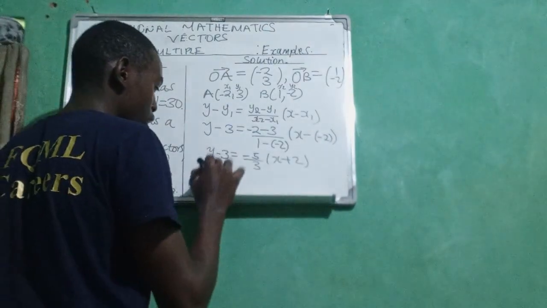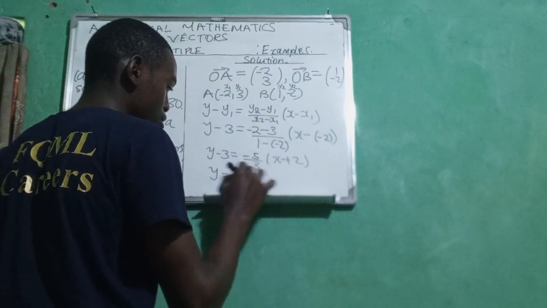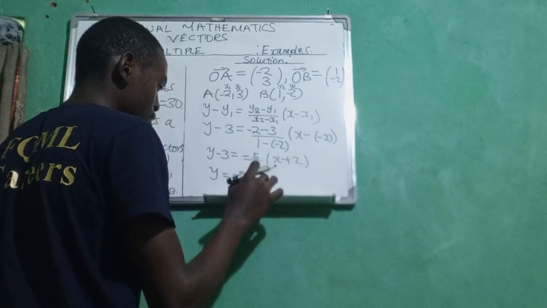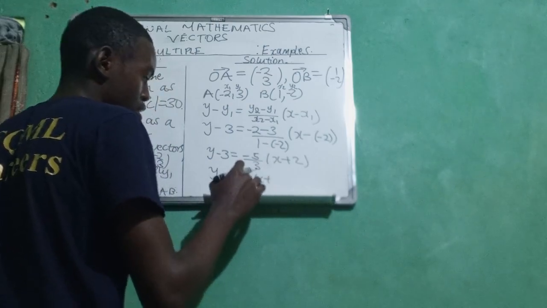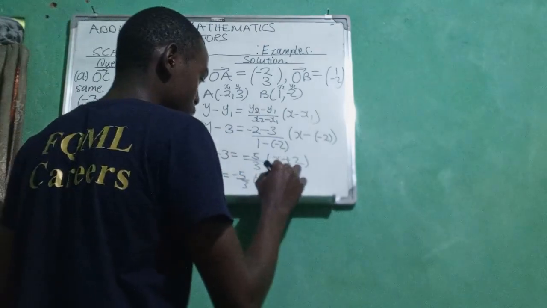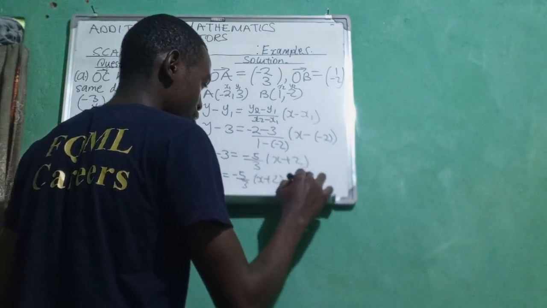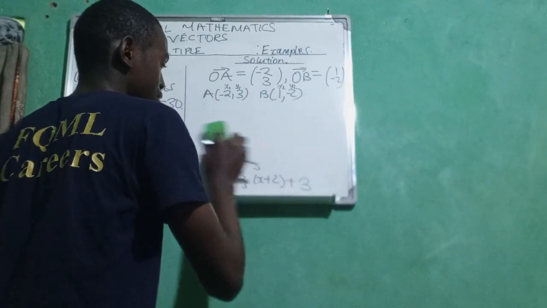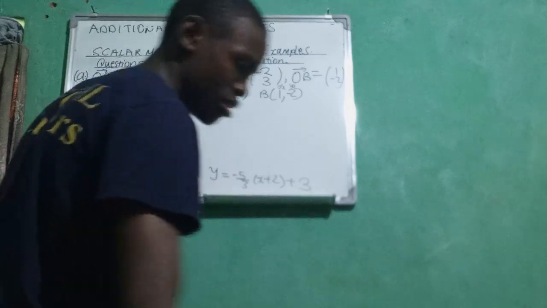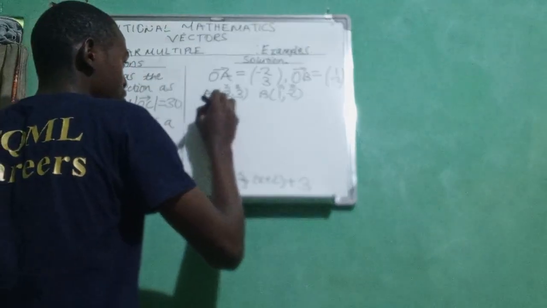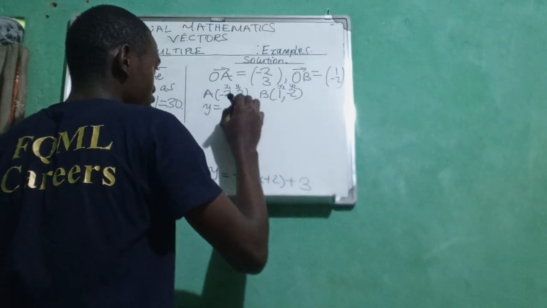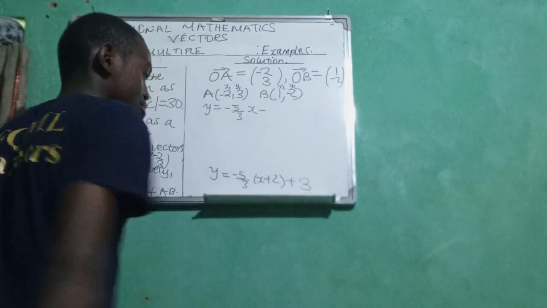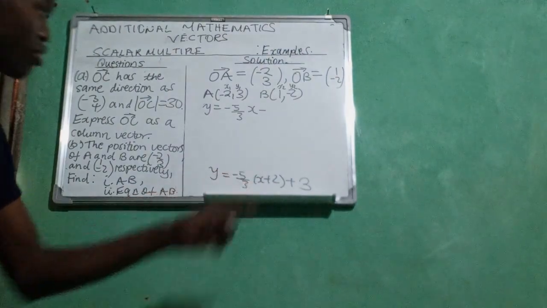It means y is equal to negative 5 over 3 times (x plus 2) plus 3. Then we need to simplify. y is equal to negative 5 over 3 x, minus, so this is negative 10 over 3.